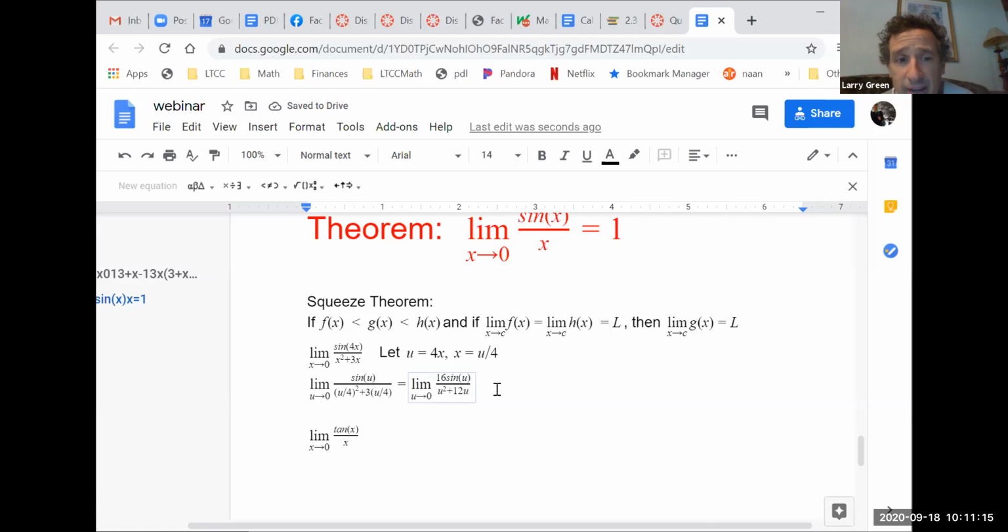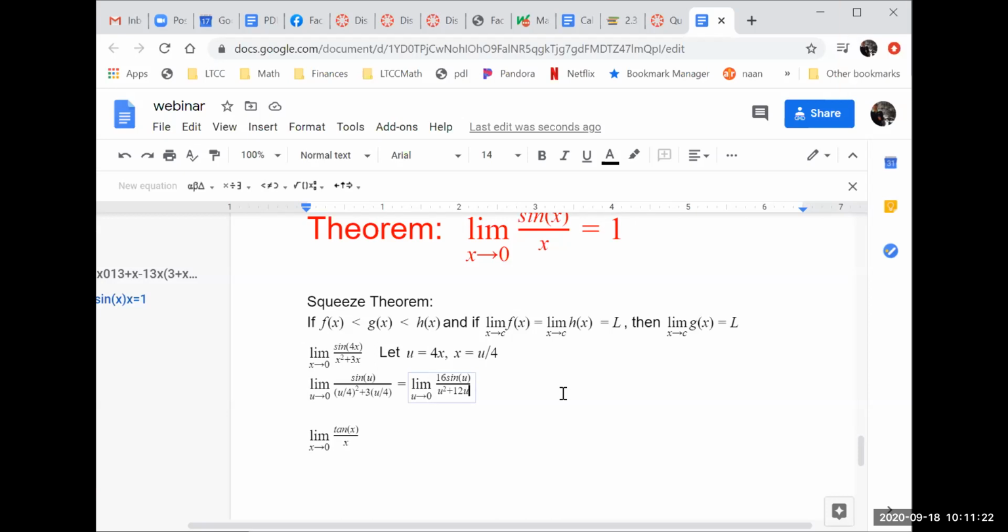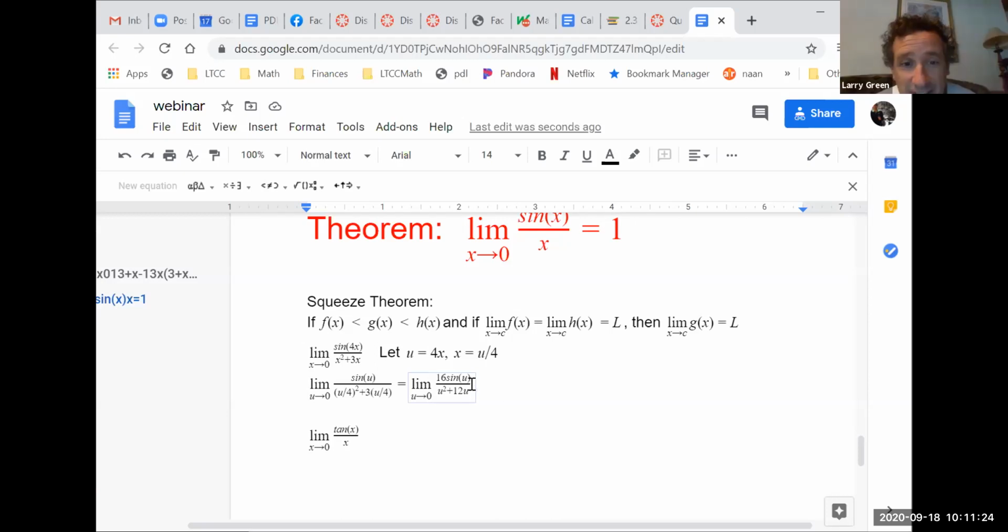Now what can I do to the denominator? Factor. Yep, I can factor. Remember, I told you today's all about algebra. Hopefully you're convinced at this point. So I can factor, and I can write that as u times u plus 12.